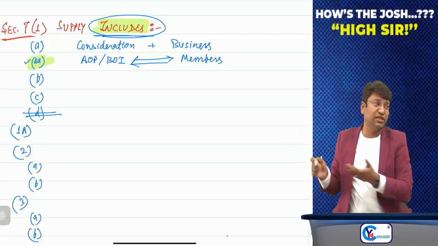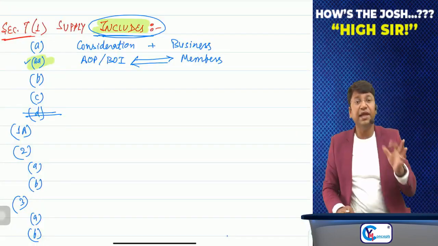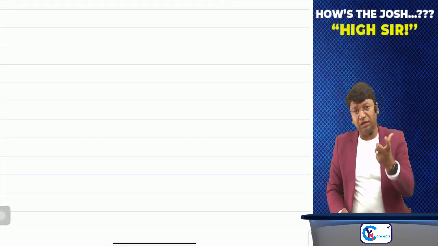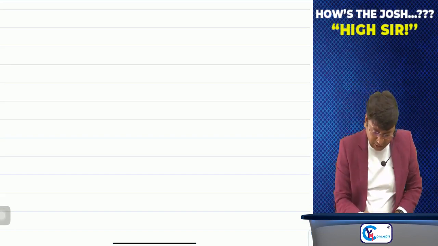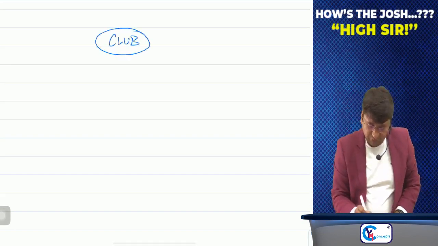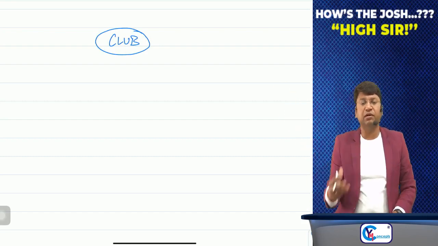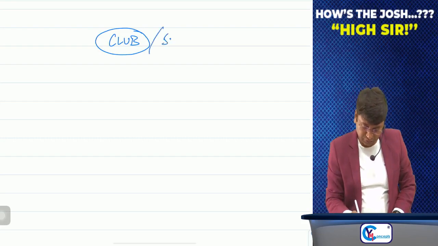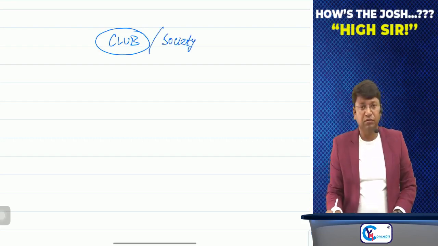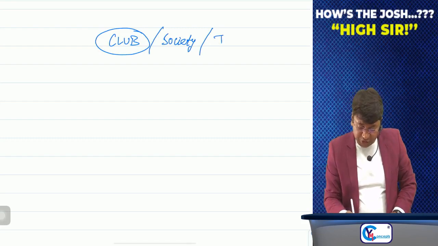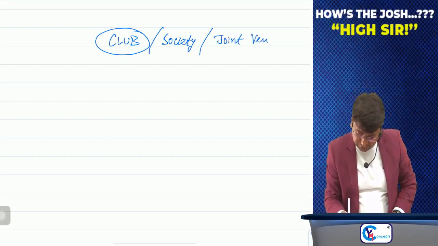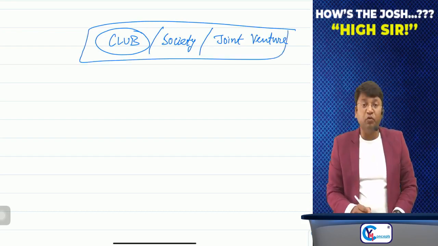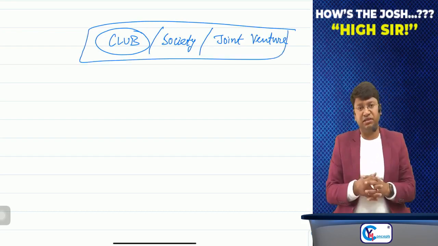And there is a circular also which says that if AOP BOI, association of persons or body of individuals, are providing, we can say, just as a club, like Lions Club, Rotary Club, or any club, housing society, or any joint venture, etc., whatever name you can give, if they are providing any services to their members, it is supply.